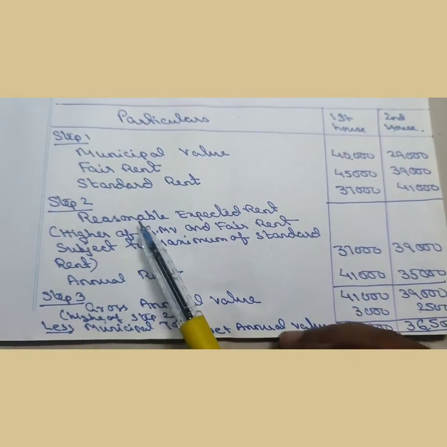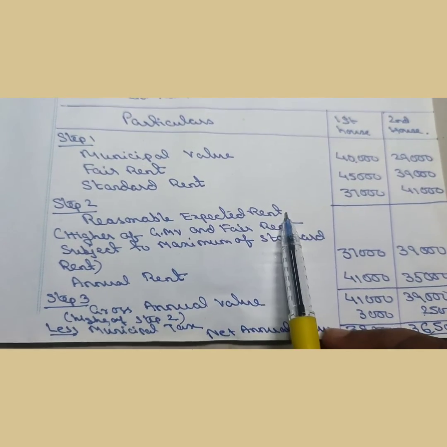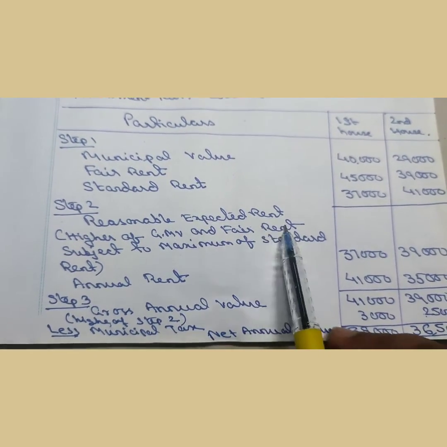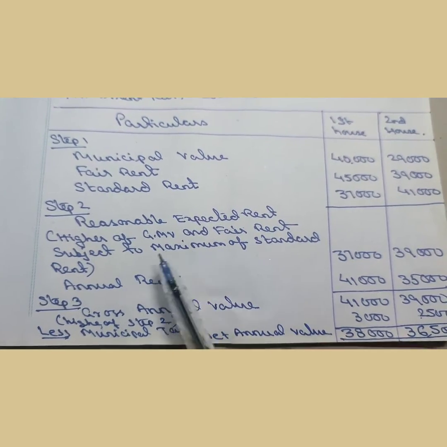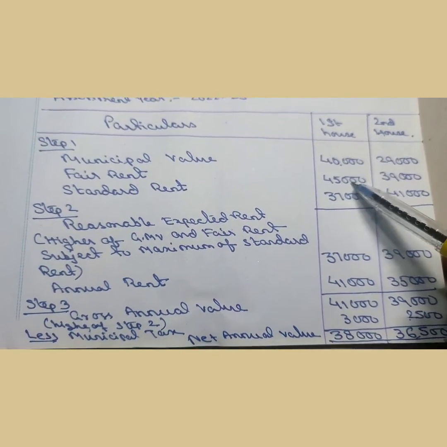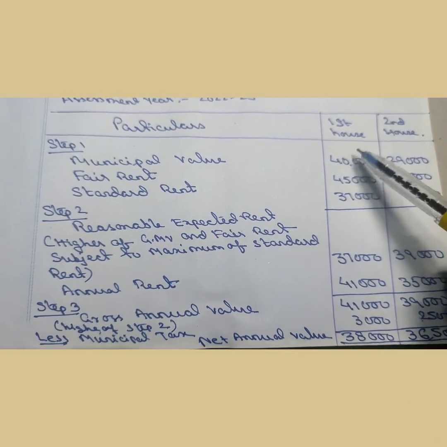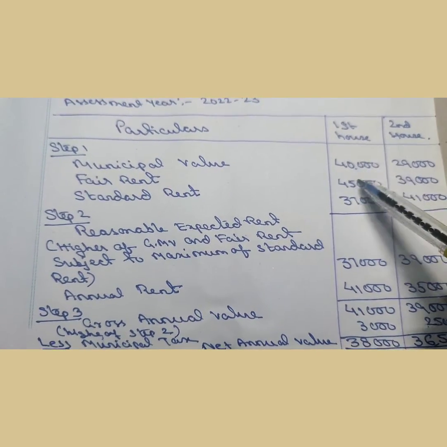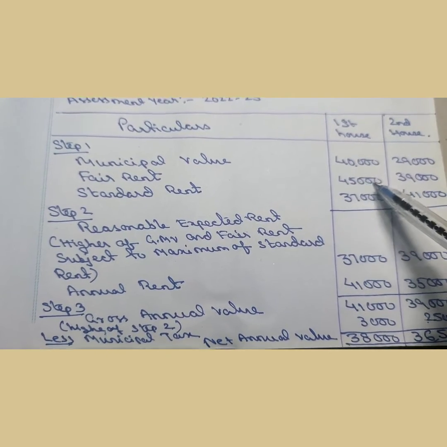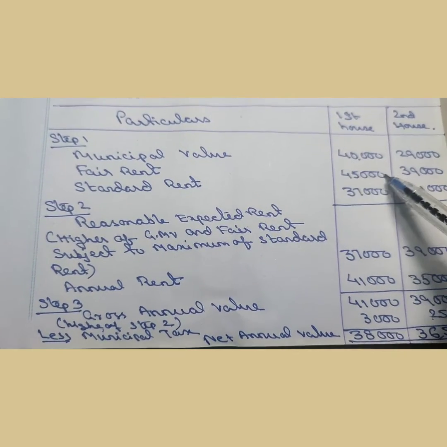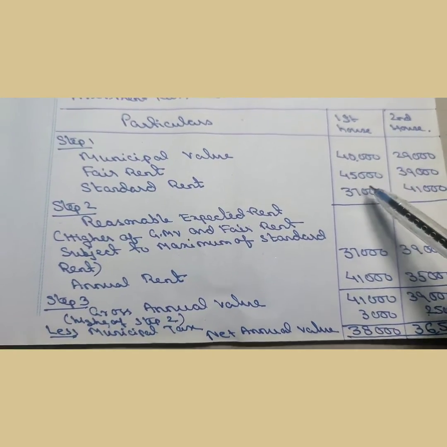In case of step 2, reasonable expected rent, what is that? Higher of GMV and fair rent subject to the maximum of standard rent. Now, in case of first house, higher of municipal value and fair rent, comparing these two, 40,000 and 45,000, the 45,000 is the higher amount, but it exceeds standard rent.